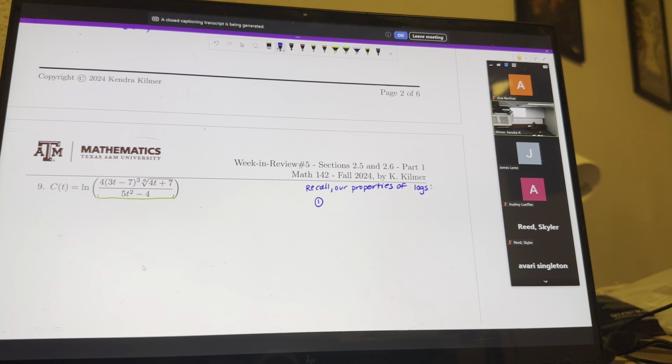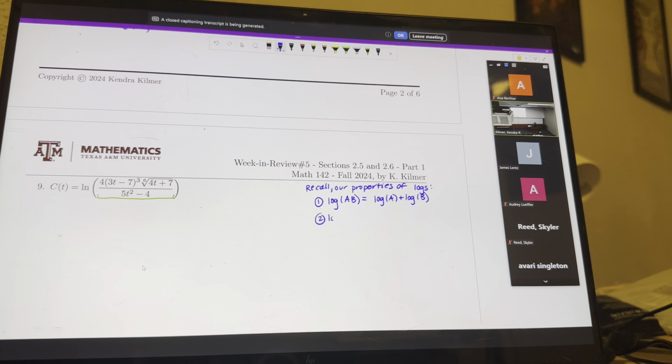Okay, so properties of logs. These are properties that enable us to rewrite expressions involving logs. So first one is the log of a product. Do y'all remember what we can do to rewrite the log of a product? We can separate them out and put what in between? Plus sign. So this becomes the log of A plus the log of B. And this works for any base B. I'm just being lazy and just writing log.